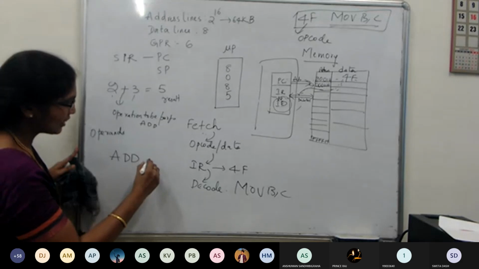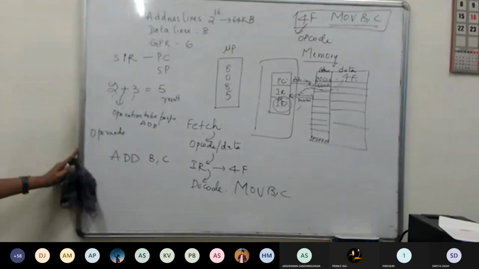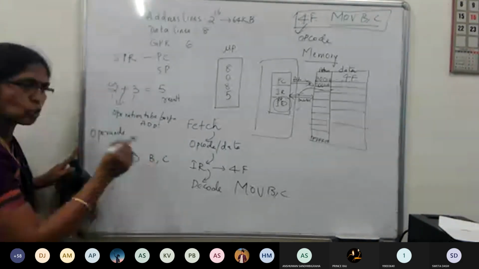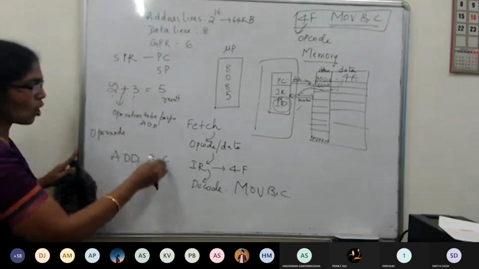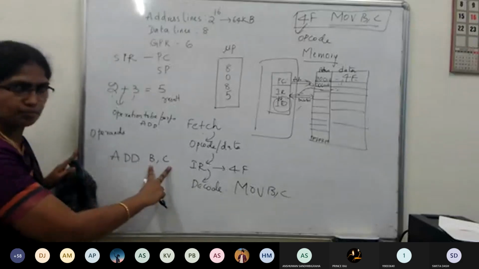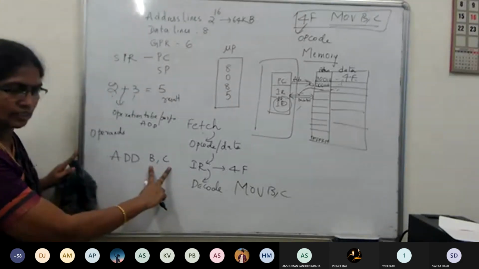So that means ADD B comma C. Is that fine? Consider that inside B, 2 is already placed, and inside C, 3 is already placed. Then you will perform the add operation on these two. Is that correct? Yes or no?